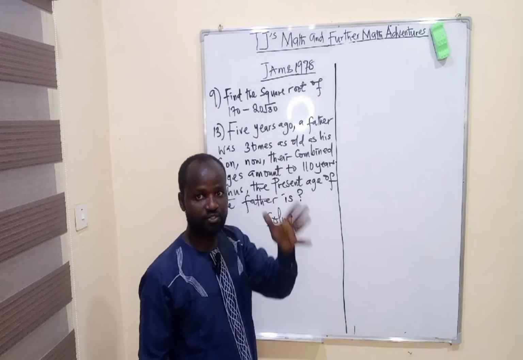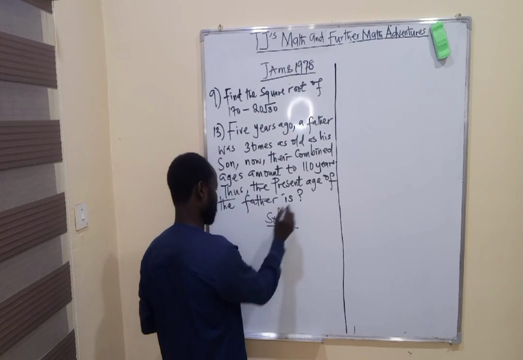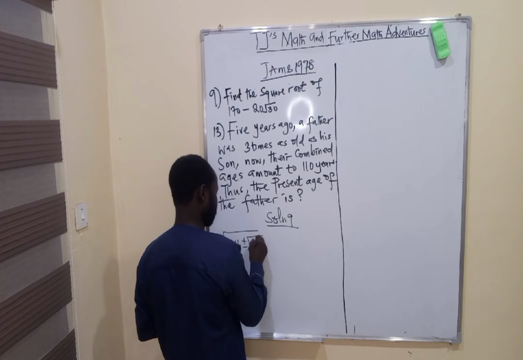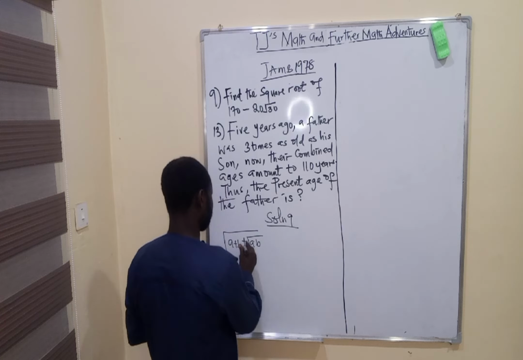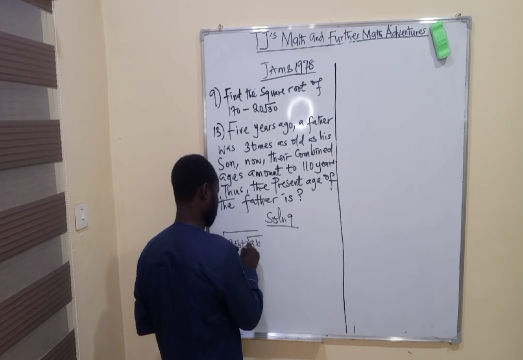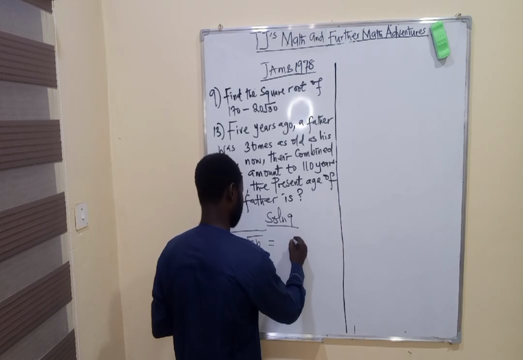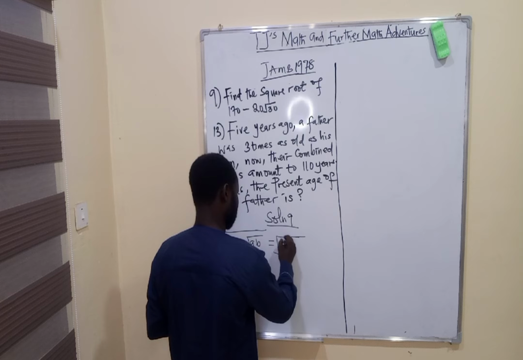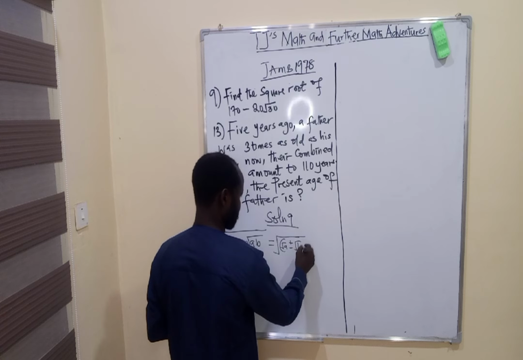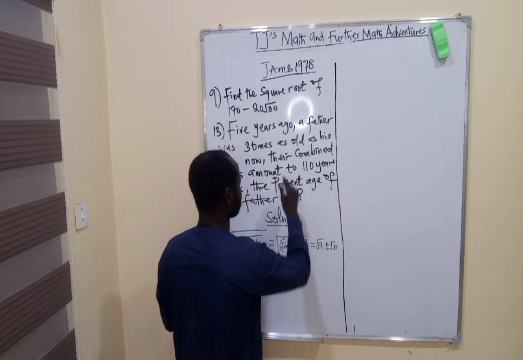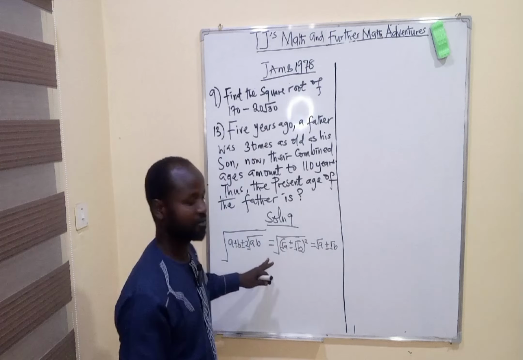The simplest or the fastest way to handle this: recall, if we have root A plus B plus or minus 2 root AB, it equals the square root of root A plus or minus root B all squared, which equals root A plus or minus root B. If you can transform the expression into this form, then we can use this method.